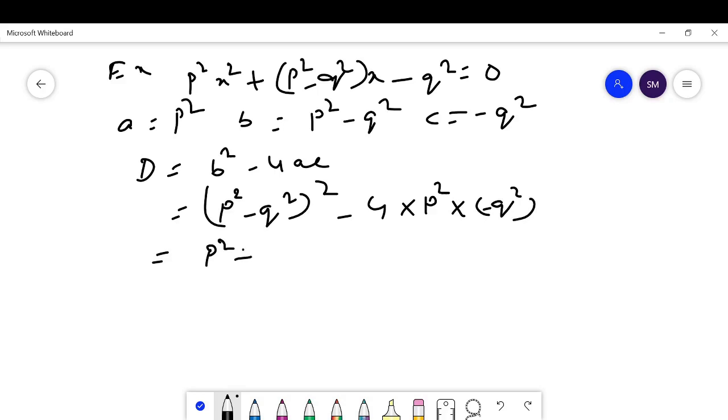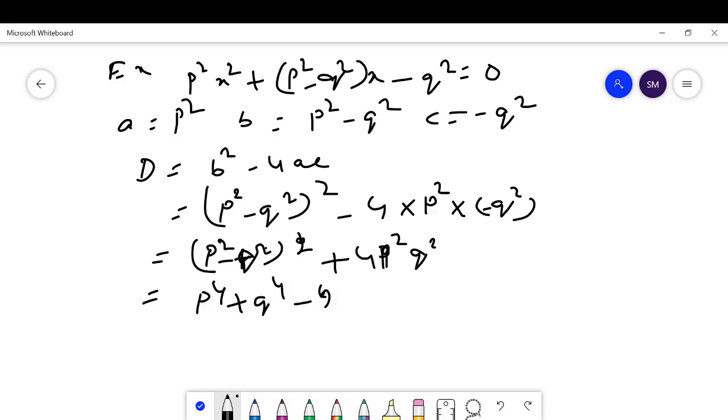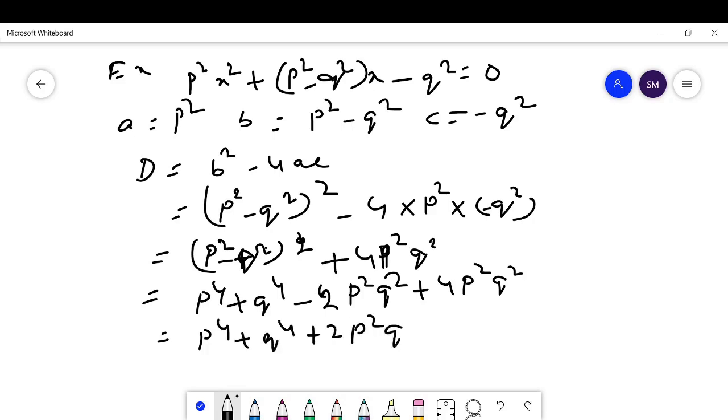which is equal to p square minus q square whole square plus 4p square q square. Then this is p fourth plus q fourth minus 2p square q square plus 4p square q square, which is equal to, look here, p fourth plus q fourth plus 2p square q square.